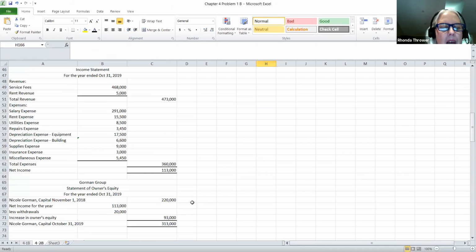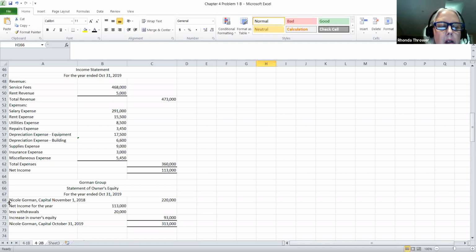That's where I get that beginning balance. If there were additional investments that this owner had made, it would go on the next line before the net income that we're showing here. In this problem, there were no additional investments during this period, so they just left it out.